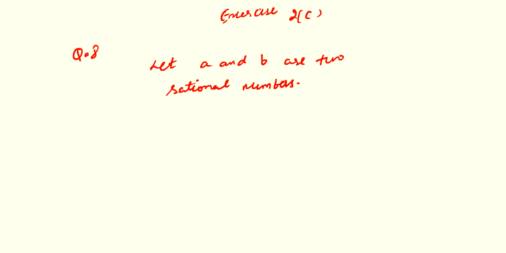Now as per the question, the rational numbers are A and B and the sum is given. So A plus B, the sum of two rational numbers, is minus 7 by 12.